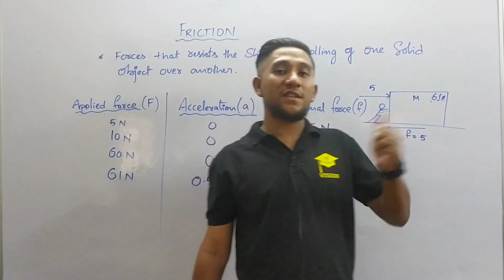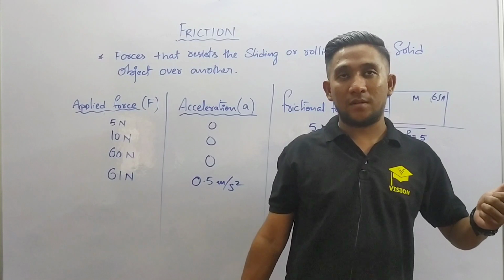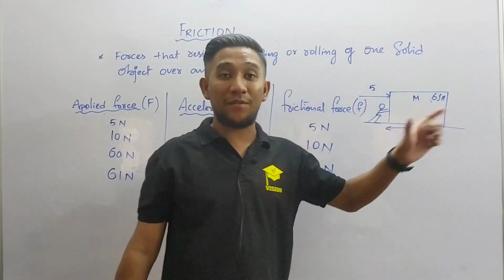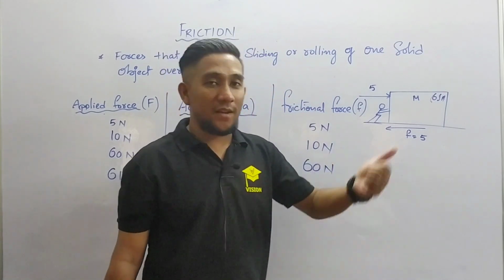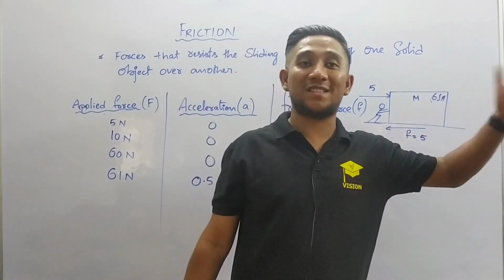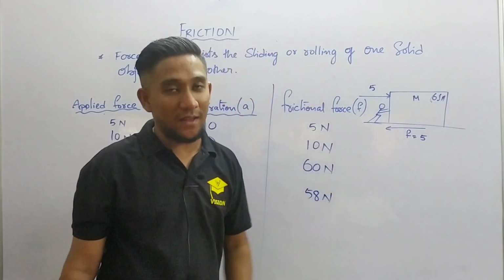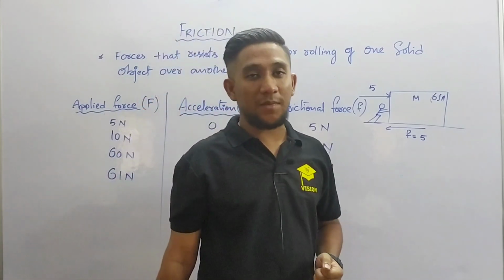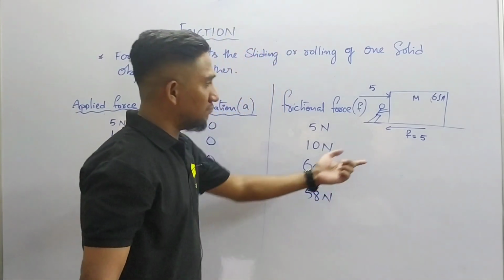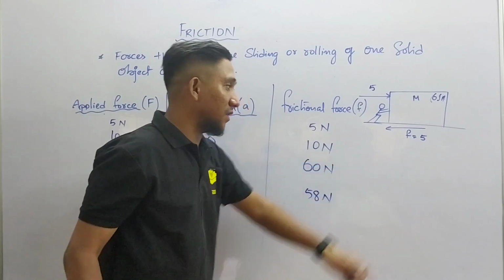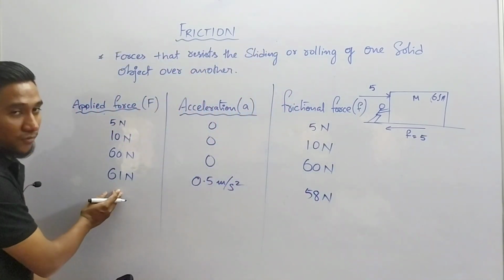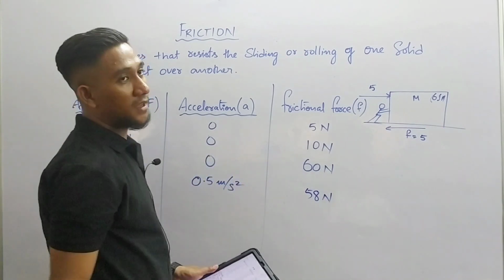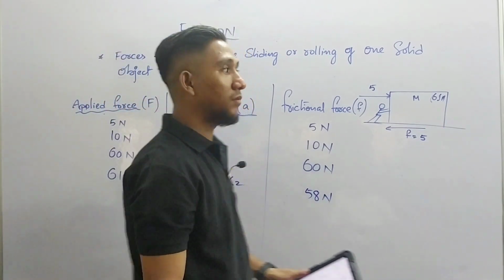Now let's say on side A there is another person who came in, and now there are 11 persons in total. So now it is very obvious that side A will win. The reason? Because the force applied by side A is more than the force applied by side B. And so this can be seen here as well. The friction force applied is less than the applied force, due to which the body has started to move.